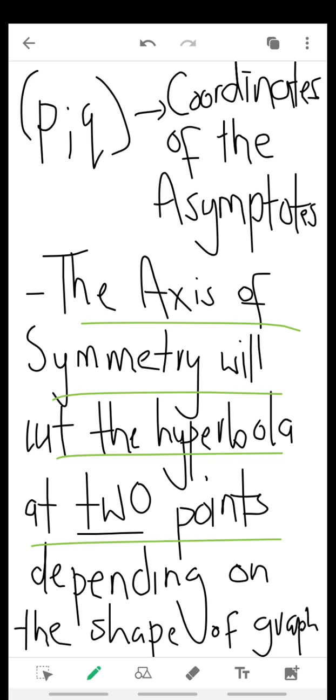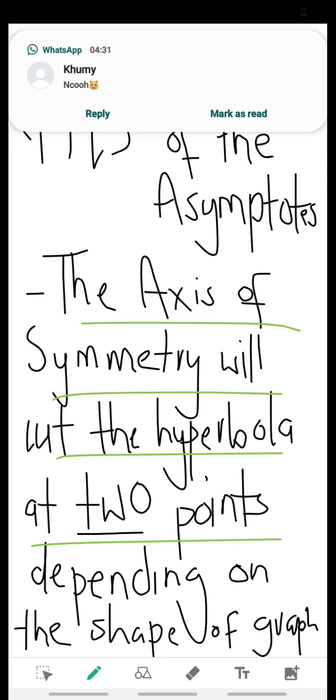Remember, if I have my hyperbola, it will either be in the first quadrant and the third quadrant of the asymptotes. If that's the case, it means my a will be positive, and I'll have a straight line that is an increasing function.